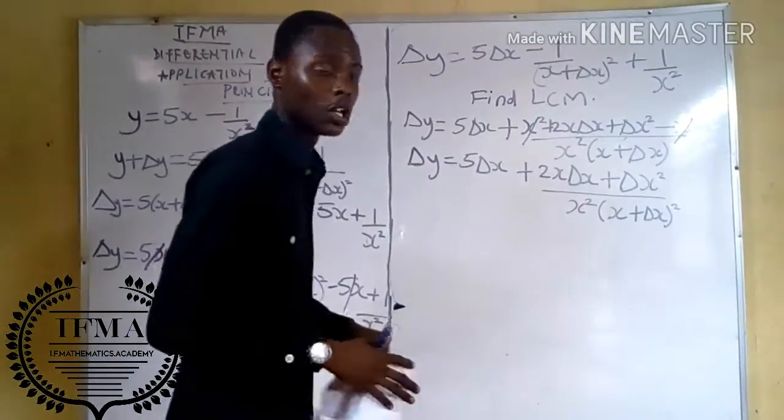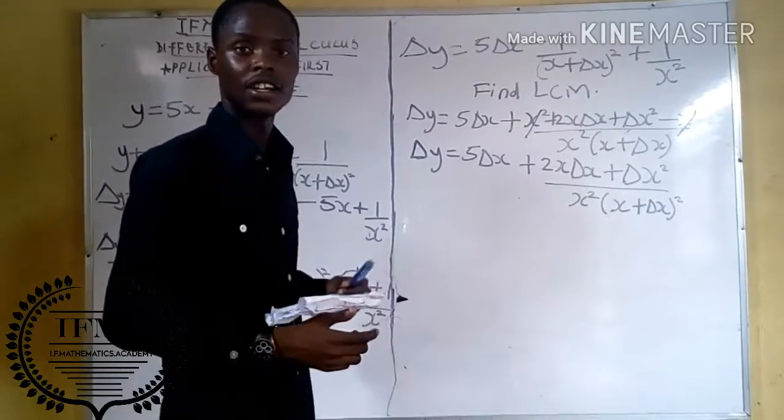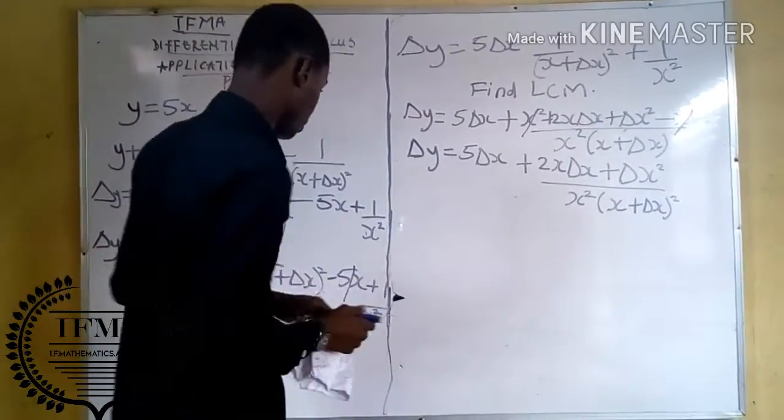So what do we do? We divide both sides by the change in x, as I said earlier in our previous video.